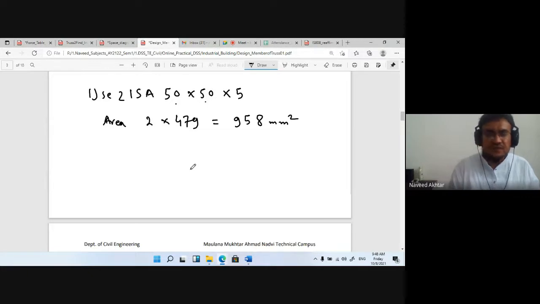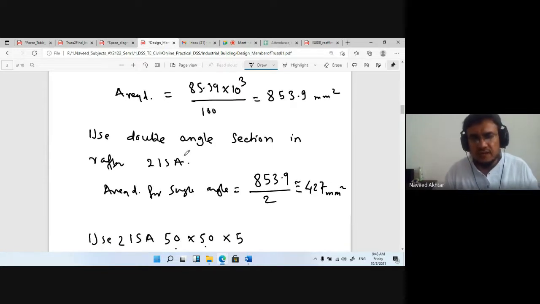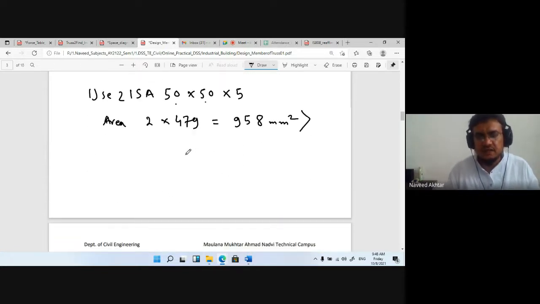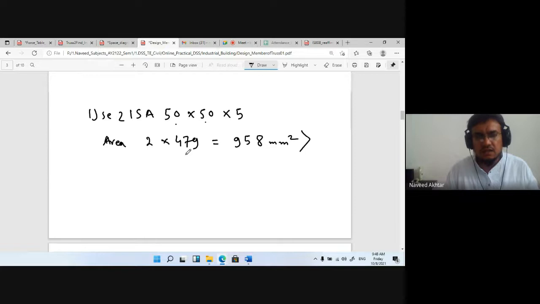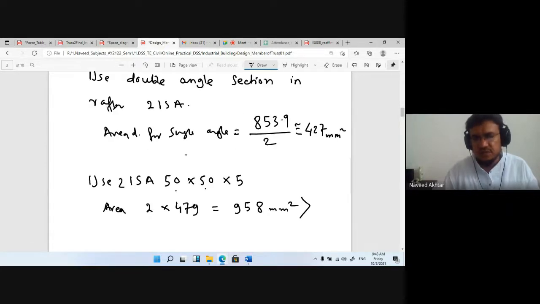Okay. Now 958 mm square, which is greater than our area required for double angle, 853. It is much larger than that, so we can go for that.